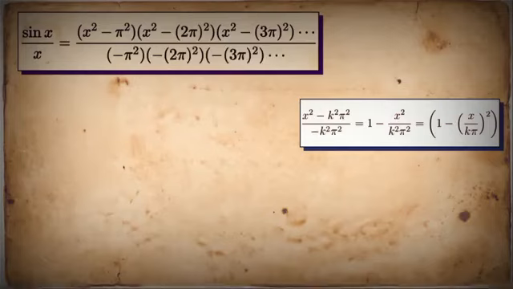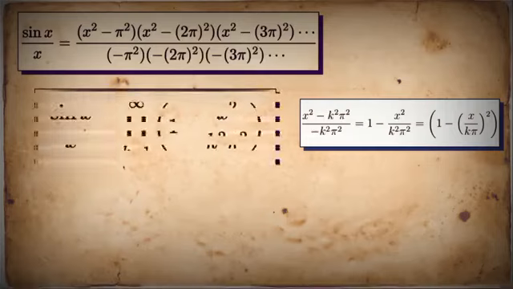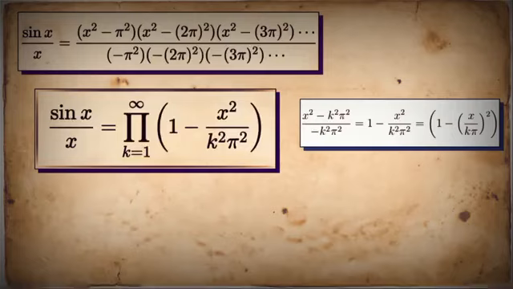Factoring negative (k pi) squared out of each numerator factor, x squared minus (k pi) squared divided by negative (k pi) squared equals 1 minus (x over k pi) squared. So the entire product collapses to the product of factors 1 minus (x over k pi) squared, for k running from 1 to infinity. This is Euler's sine product, one of the most celebrated infinite product formulas in all of mathematics.